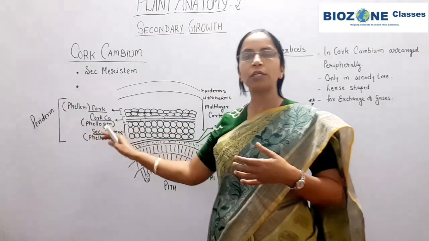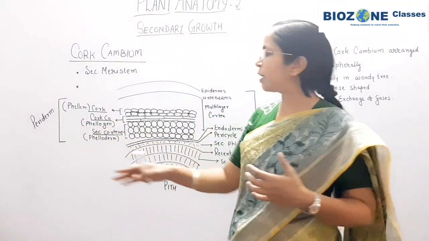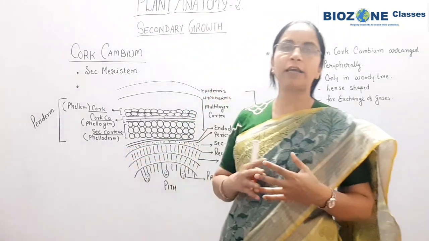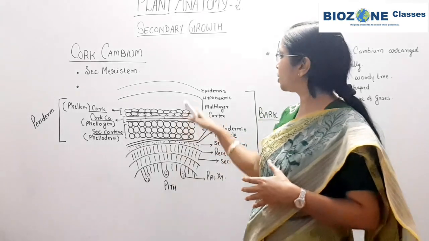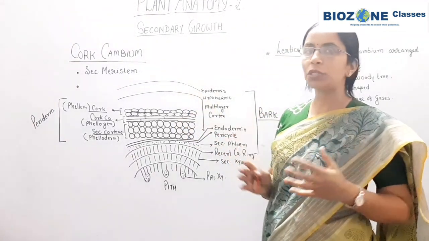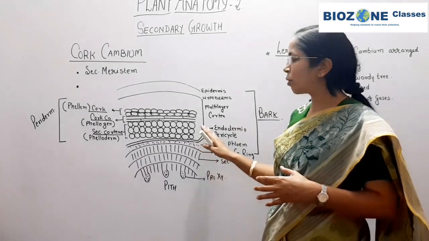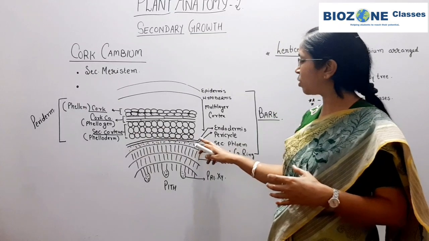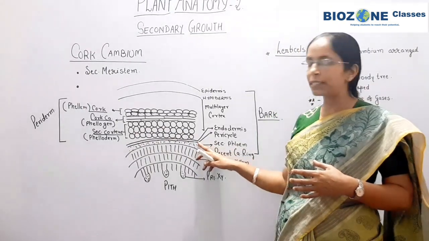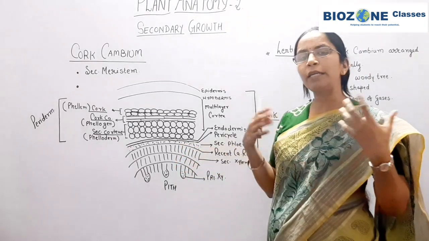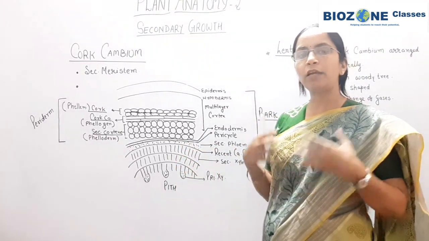Phellem, phellogen and phelloderm combinedly are called periderm, and this periderm is a protective layer which provides protection to the hypodermis as well as the epidermis of the main stem or dicot stem. Now you see, after the periderm which layer is present? Endodermis, followed by pericycle, and these 3 layers I am showing here are the multi-layer cambium rings.